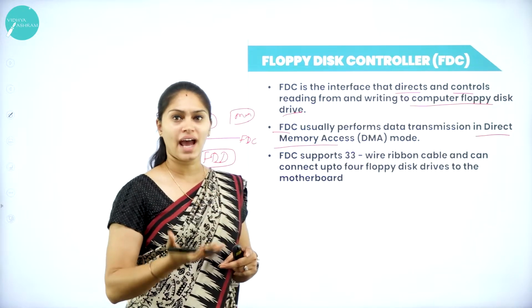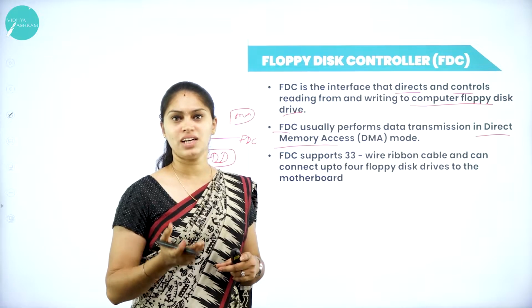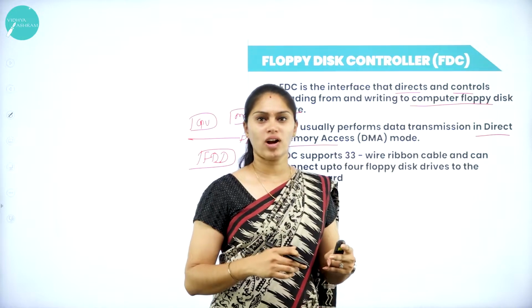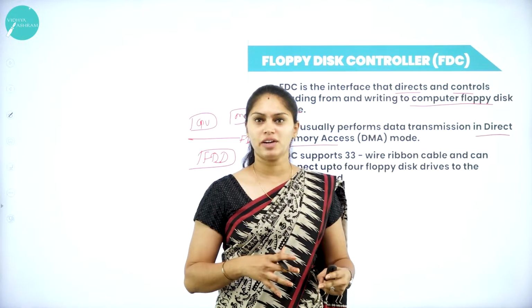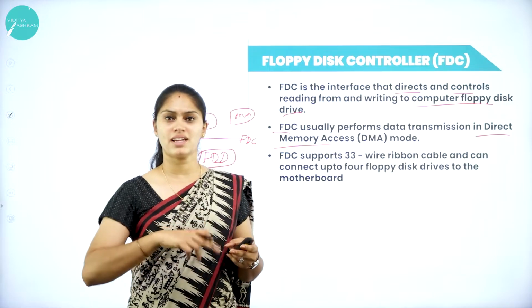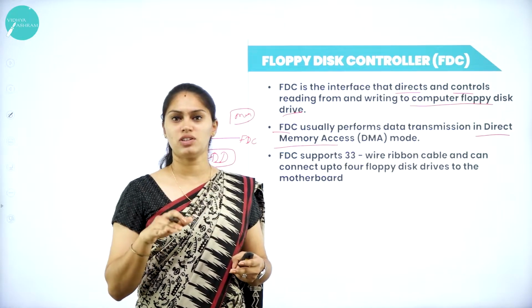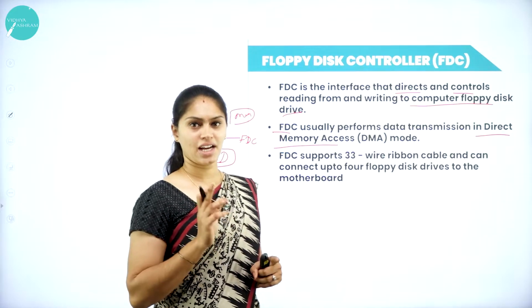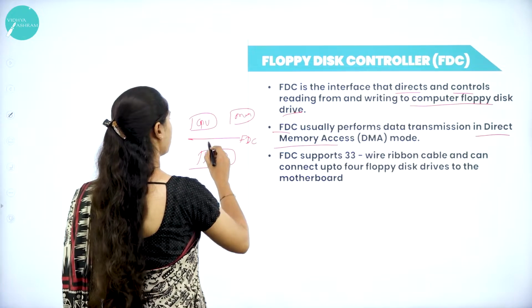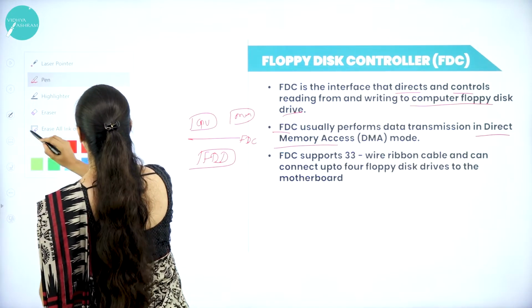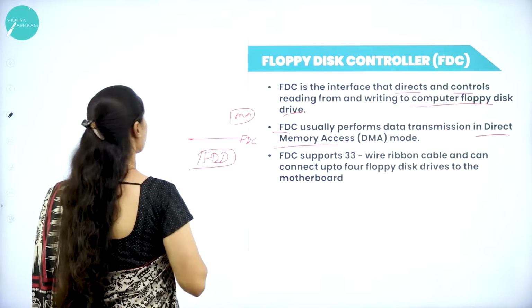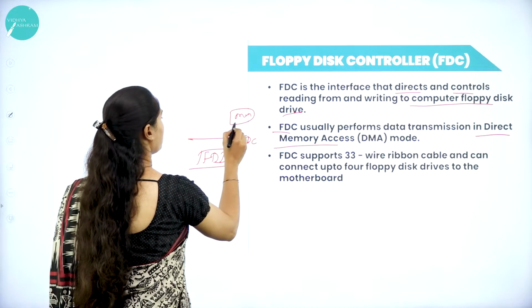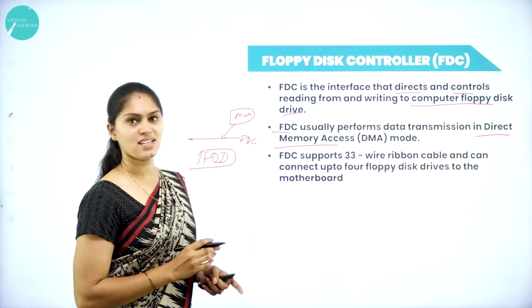Direct memory access means there is no intervention of the CPU. If I want to transfer the data from the CPU to the floppy disk drive, or transfer the content of the floppy disk drive to the CPU, there is no intervention of the microprocessor or CPU. That is known as what? Direct memory access. So there is no CPU interaction with the floppy disk drive.